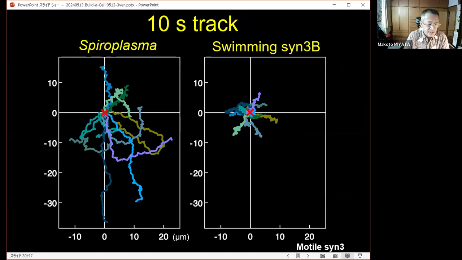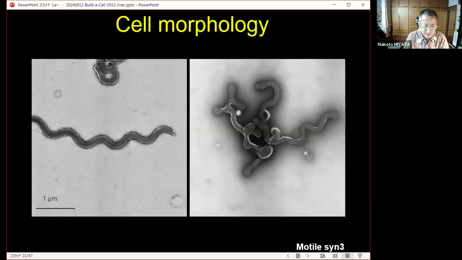If we trace the front side in the swimming behaviors in this graph, we showed 10 cells. You can see the spiroplasma cell goes to a distant place in 10 seconds, but the swimming SYN3 frequently changes the swimming direction, so it's impossible to go to a distant place.